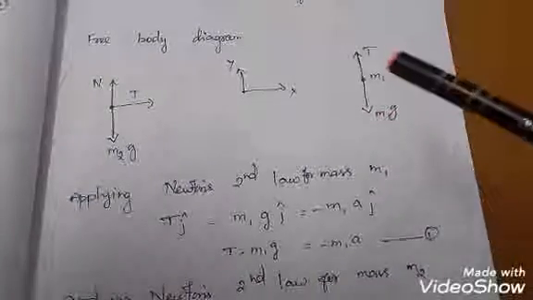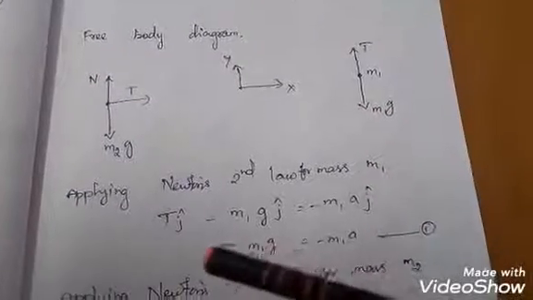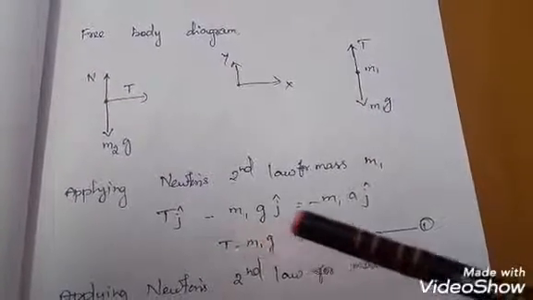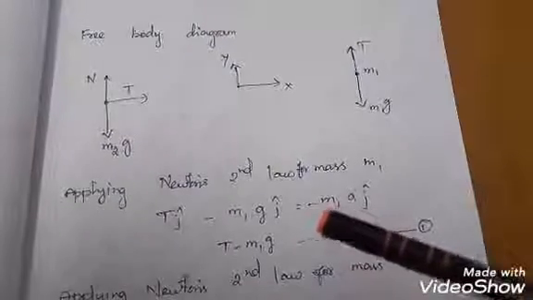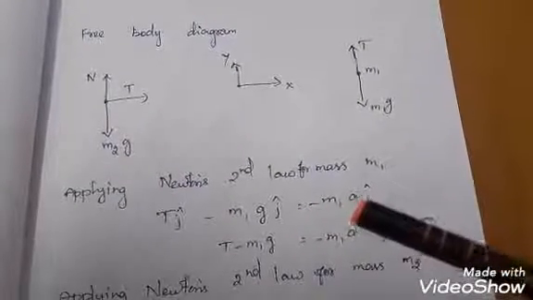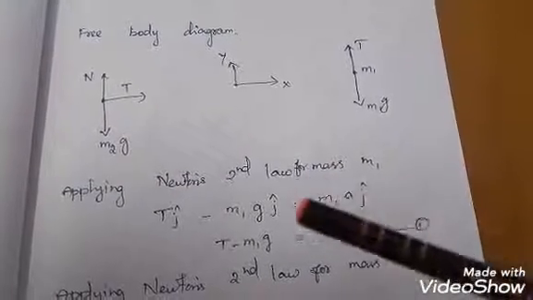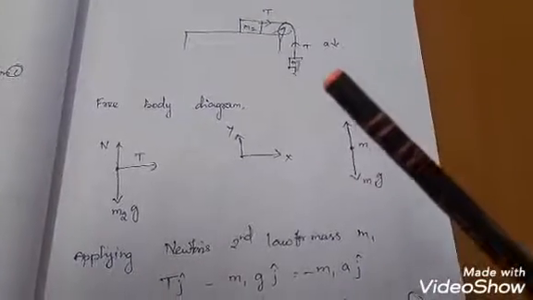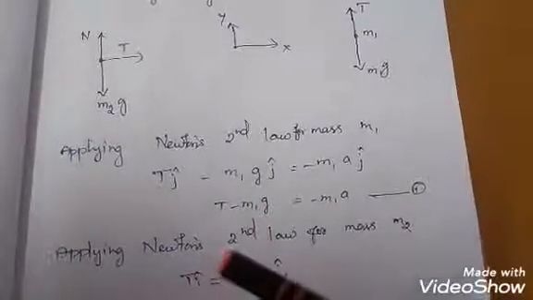Now we write the total forces, that is m1g minus T equals m1a. Here we use the sign because acceleration is in the downward direction for mass m1.